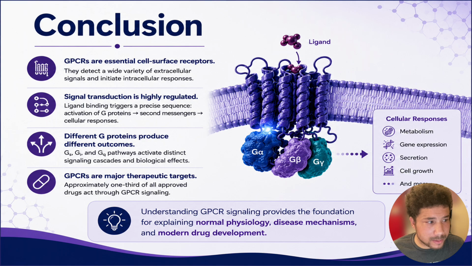The overall message is that GPCRs convert extracellular signals into precise intracellular responses. Their 7 transmembrane structure allows them to detect ligands outside of the cell, activate G proteins inside the cell, generate second messengers, and coordinate changes in metabolism through things like gene expression, secretion, and contraction.